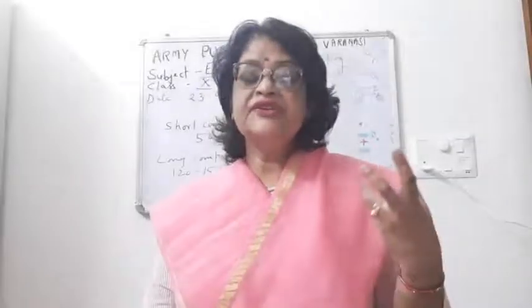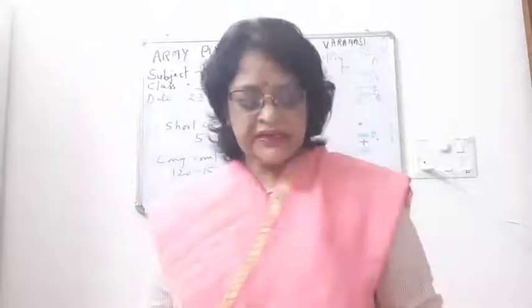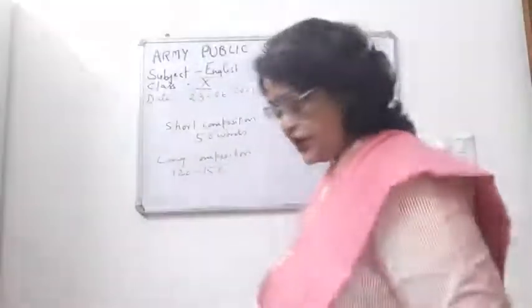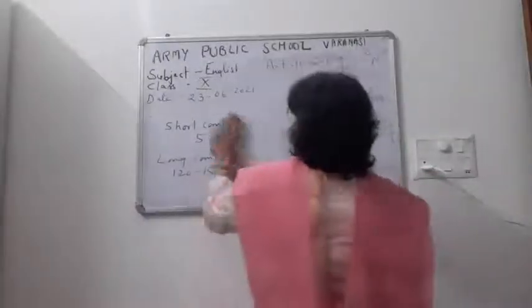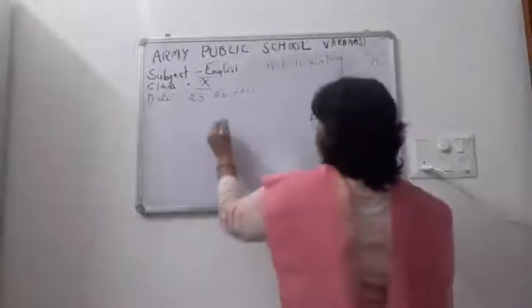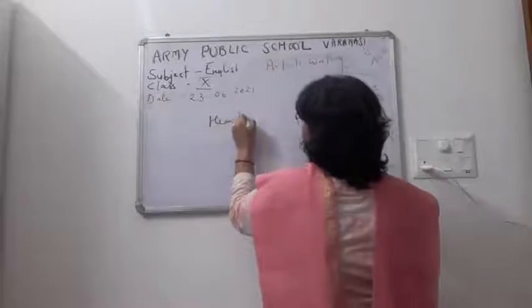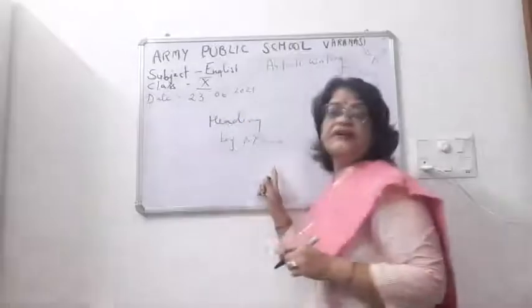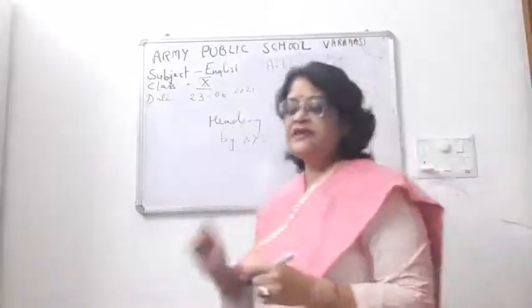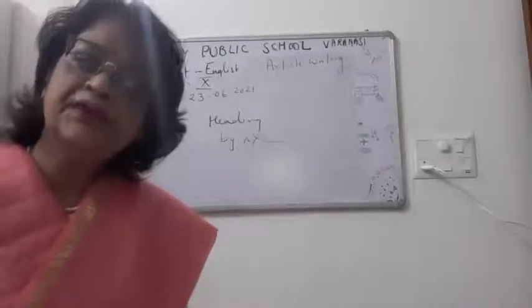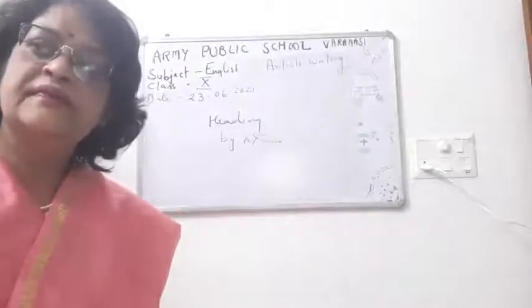Children, the sentences should be grammatically correct, with no spelling errors, and should be arranged in sequence. The format for article writing is heading, then written by whom. Here you don't have to write XYZ; you have to write the name of the person who has written the article. So this you have to see.